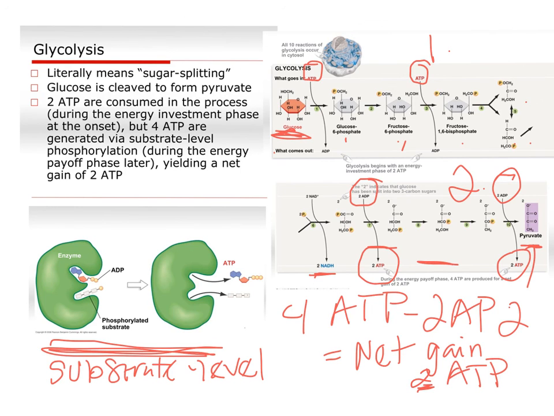In other words, you take an ADP molecule and some phosphorylated substrate in this poor little enzyme right here that's only got 1 active site and can only work on 1 molecule at a time, and you're going to transfer a phosphate group from here over to the ADP to create ATP. Okay, so this is substrate level phosphorylation. It happens in glycolysis. It's going to happen in the Krebs cycle a little later on. But it's really, really inefficient because these little enzymes can only work on 1 molecule at a time.